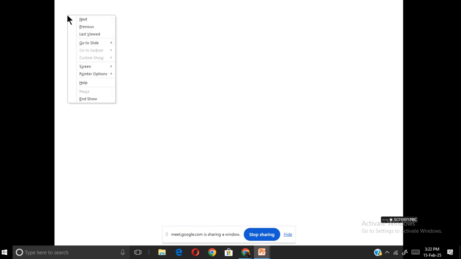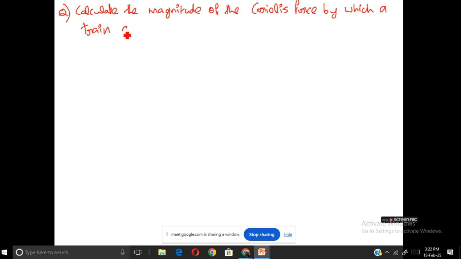Now question is, calculate the magnitude of the Coriolis force by which a train acts on rails.